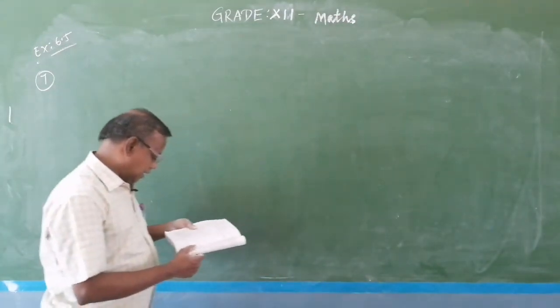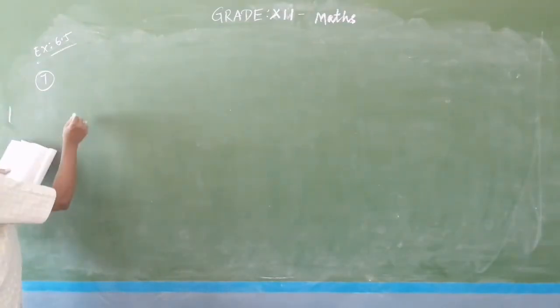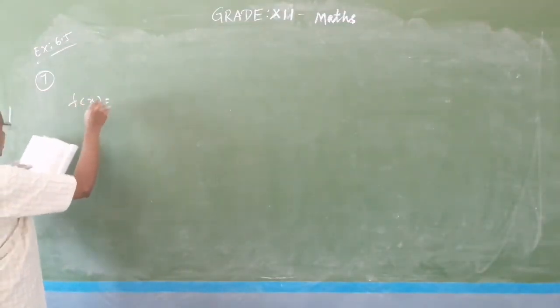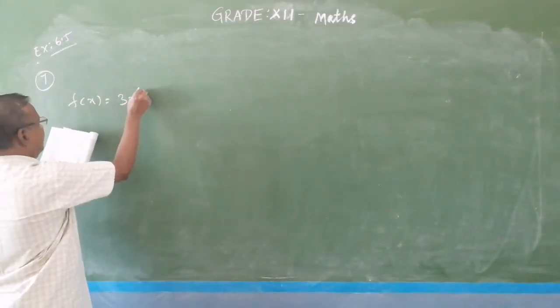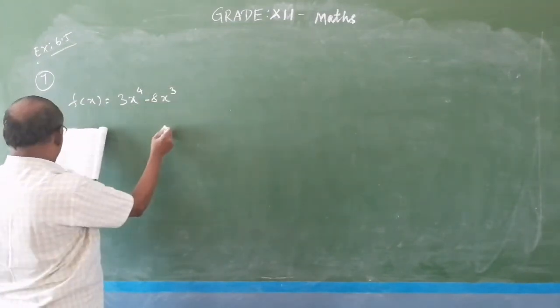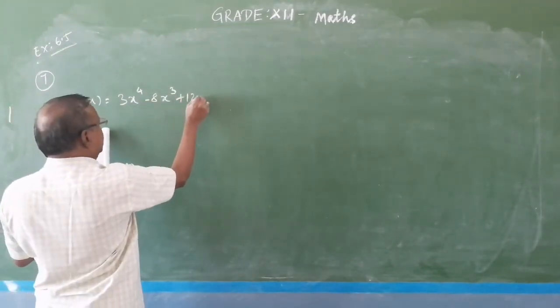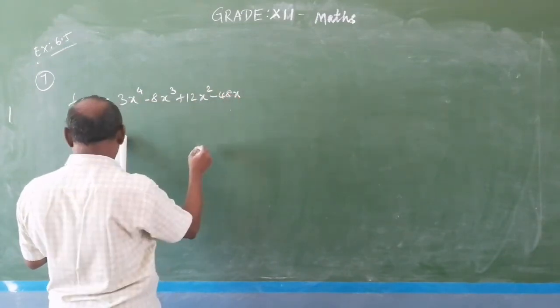So likewise let me consider the function f of x equal to 3x power 4 minus 8x cube plus 12x square minus 48x plus 25.